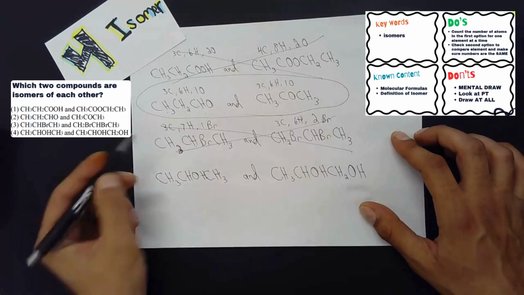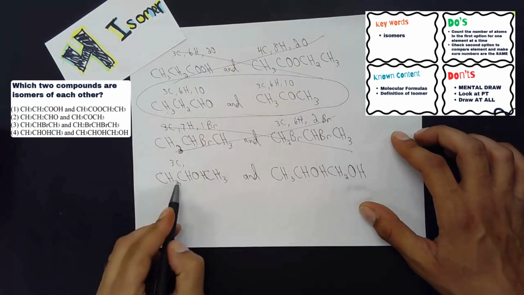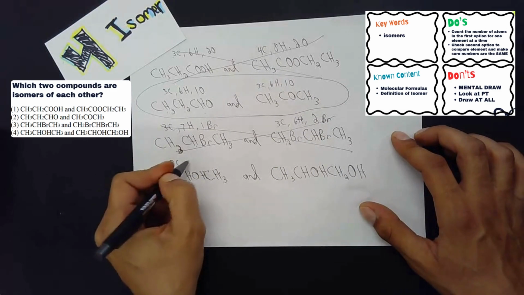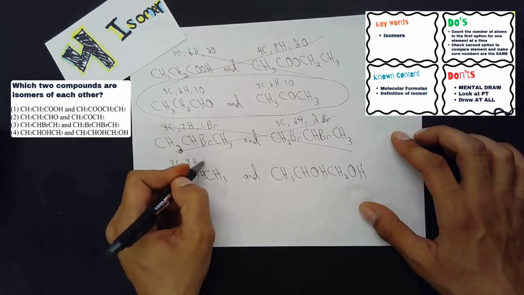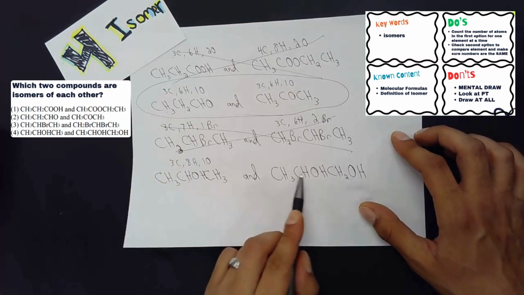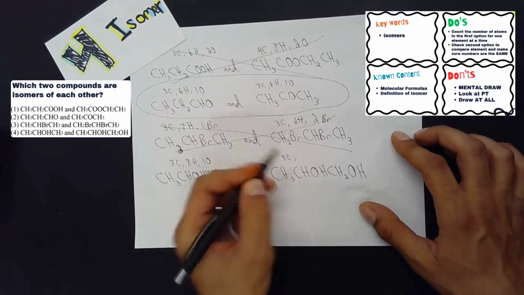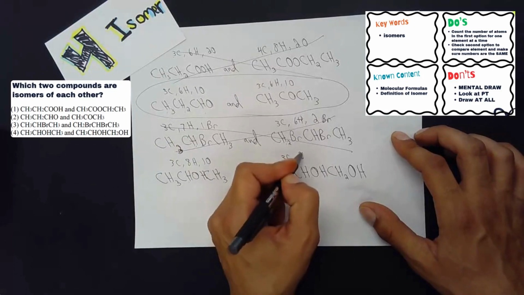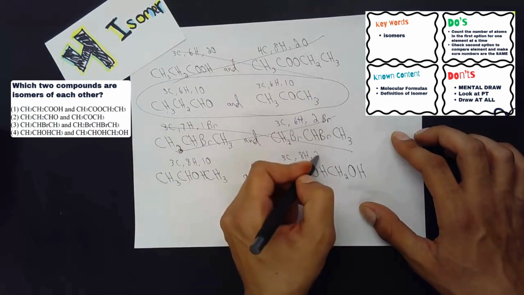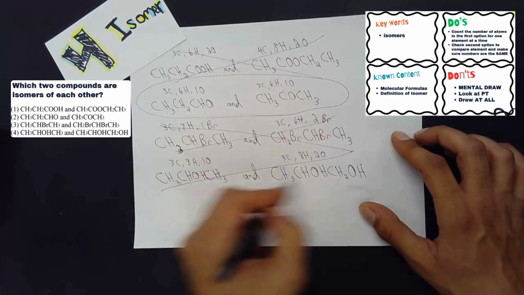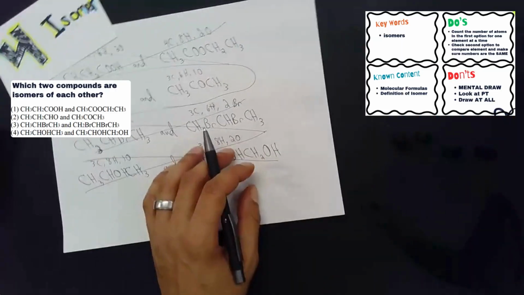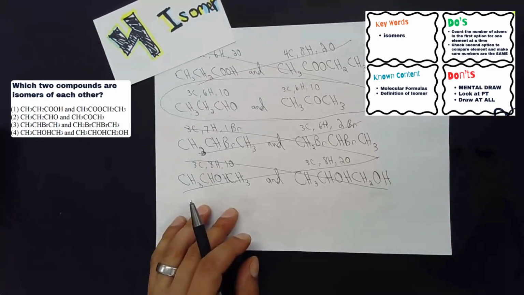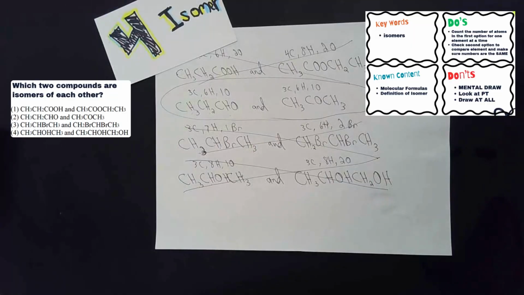We have 3 carbons, 8 hydrogens, and 1 oxygen. So 3 carbons, 8 hydrogens, and 2 oxygens. So that one's a no-go as well. Again, isomers, we're looking for the same molecular formula, so the same number of each atom, but just a different structure.